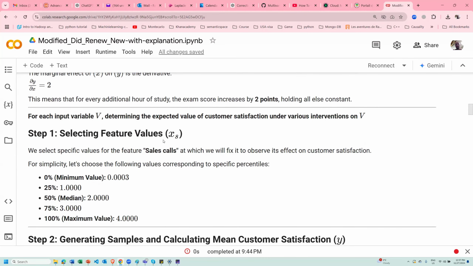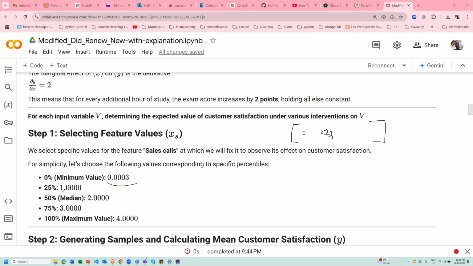So what we are doing here is, basically, the marginal effect first tries to see, for example for this column, what can be a representative value for the 0% of the whole column's values. Then, for example, we have this value, and what is the representative for the 25% of the whole column?